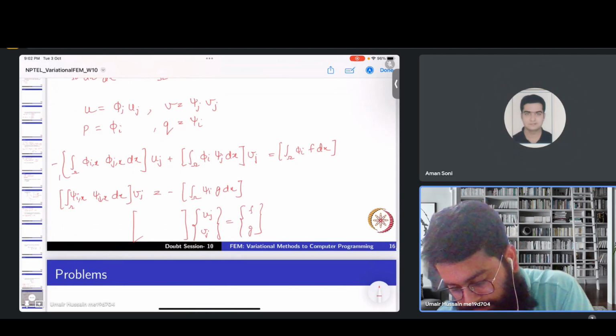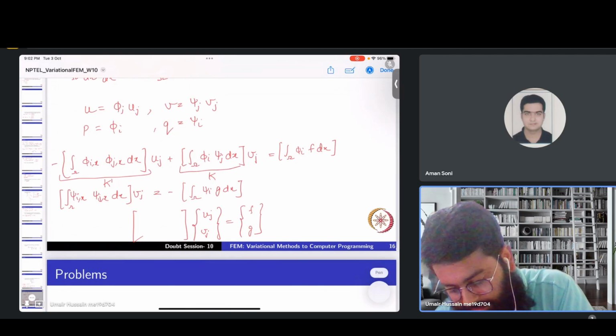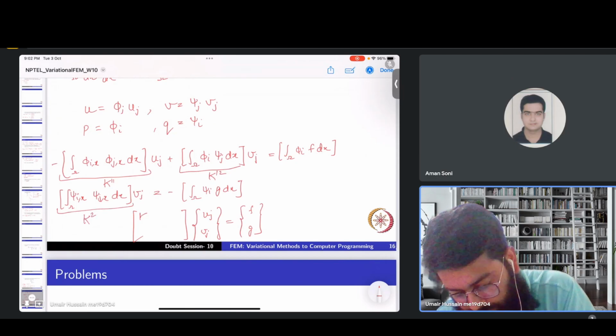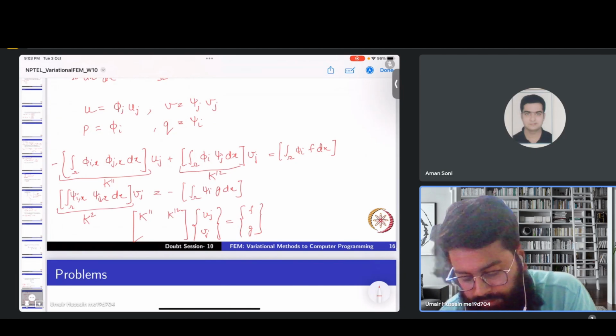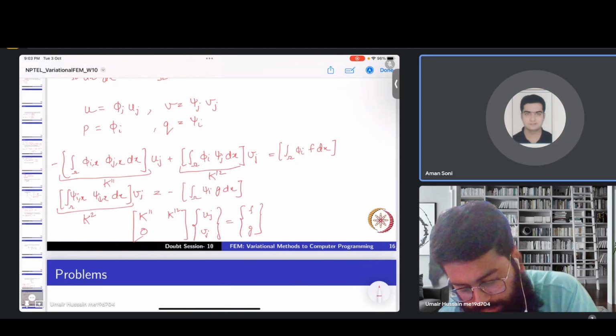And here we'll have, say, this is k 1 1, k 1 2, say k 2. So the coefficient of u would come first, and then the coefficient of v, and then again in the second equation there is no coefficient of u j, so we have zero.